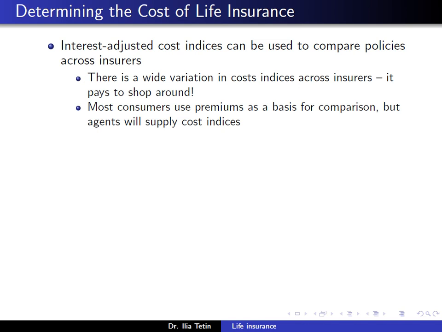Research studies show there is substantial cost variation among insurers for similar policies sold to individuals the same age and gender.